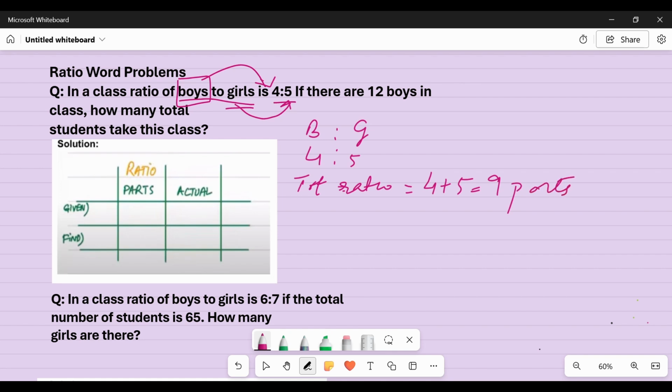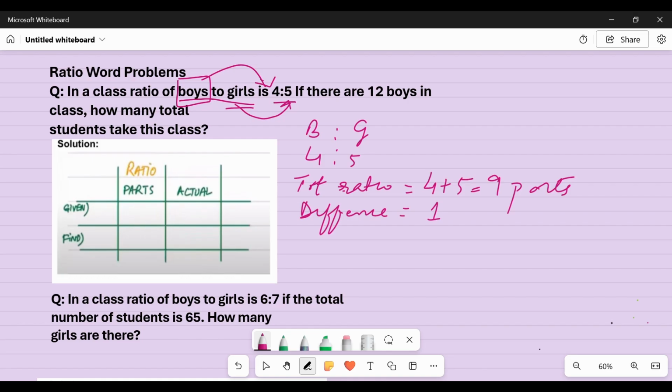Okay. And what is the difference between their ratio? The difference formula is the largest value minus the smallest value. So 5 minus 4 gives me a difference of only one part, right?